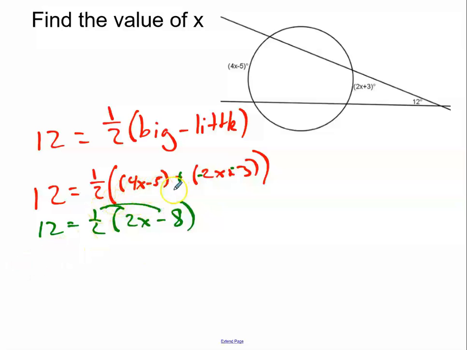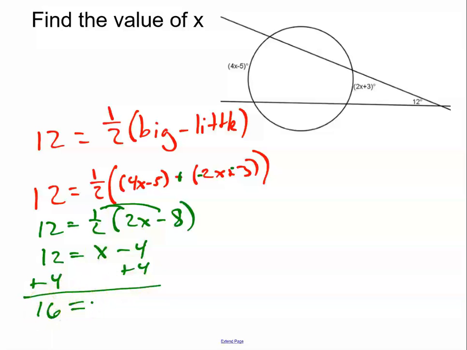You could distribute before you combine like terms, but in this case you would have several decimals to deal with. This way you just have less distributing because you only have 2 terms instead of 4 terms. So we have 12 equals 1x minus 4. So then plus 4, you get x equals 16.